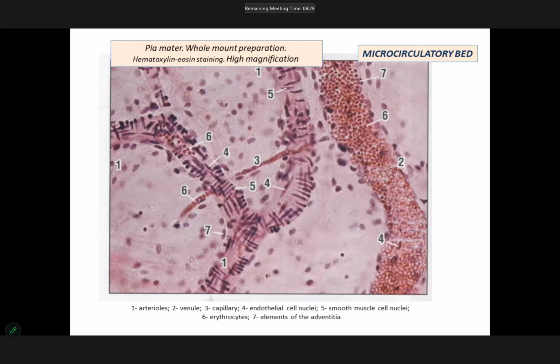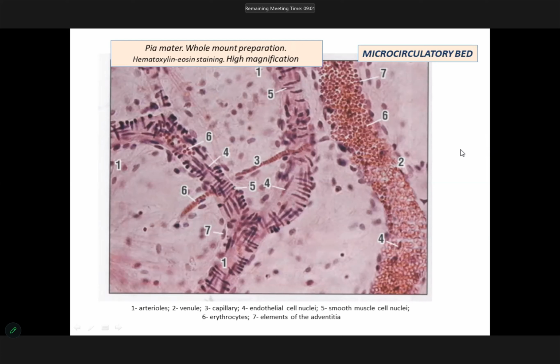We stain it, and we look at the blood vessels in the pia mater from above. So we see them as a whole. These are not sections. Here, the whole blood vessel is seen, squeezed between two glasses and stained.